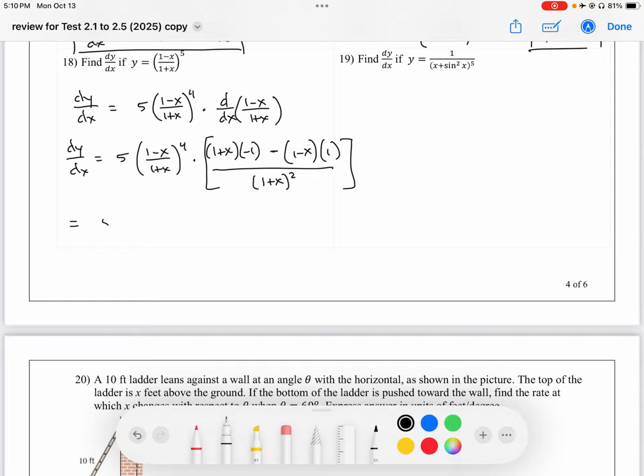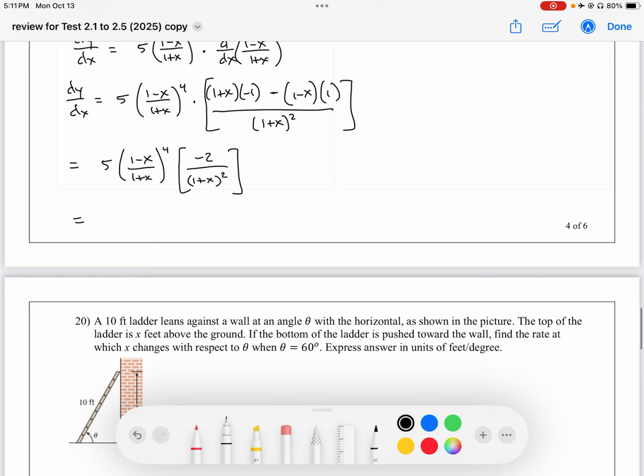So we're going to get 5 times 1 minus x over 1 plus x to the fourth power times, let's see here, we're going to have negative 1 minus x minus 1 plus x. So I'm going to go ahead and get rid of the x and the negative x and combine the negative ones to get negative 2. Negative 2 over 1 plus x squared.